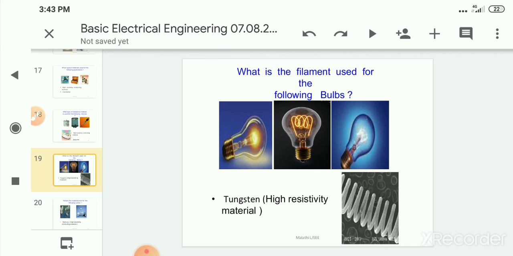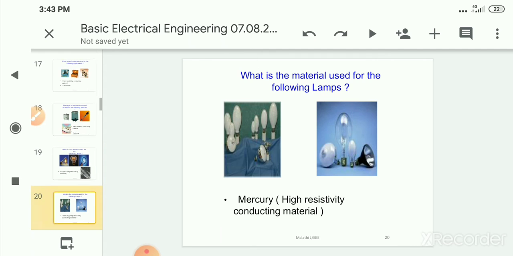Here, what is the filament used for bulbs? Tungsten, because of its high resistivity. What is the material used for mercury lamps? That is mercury.